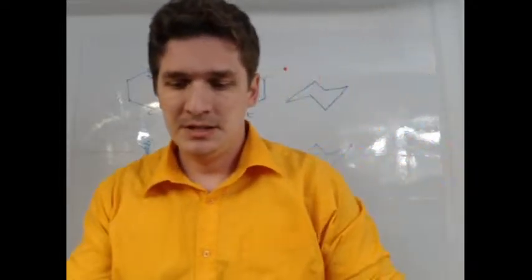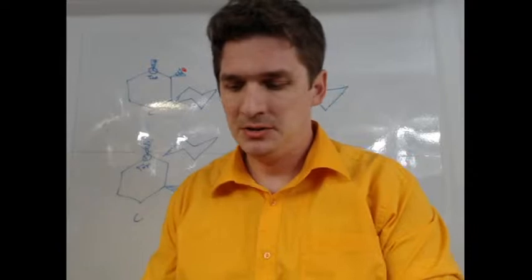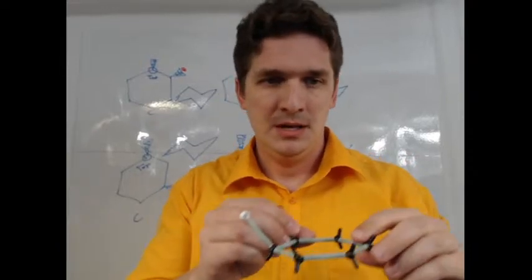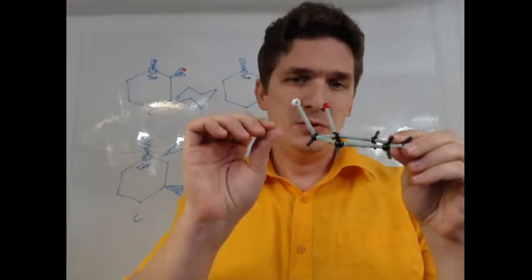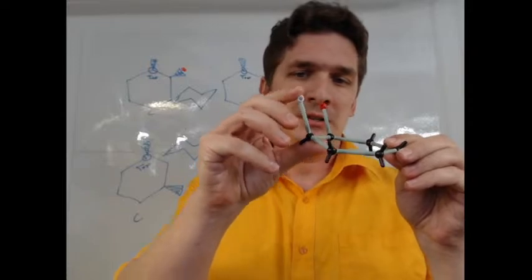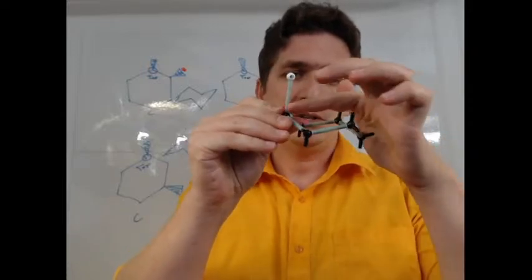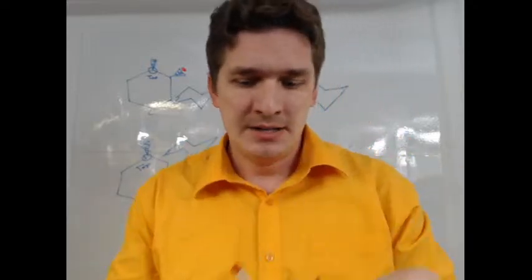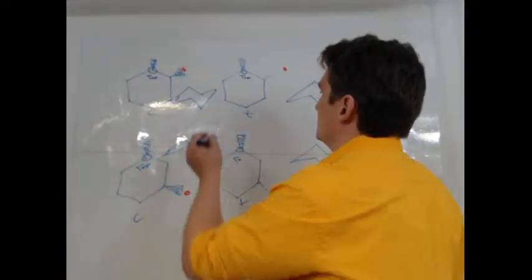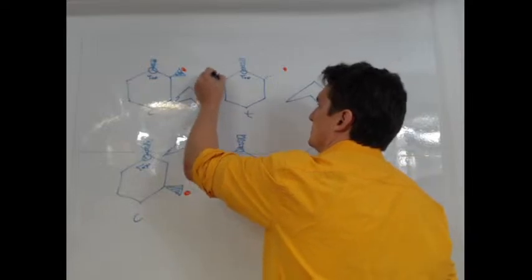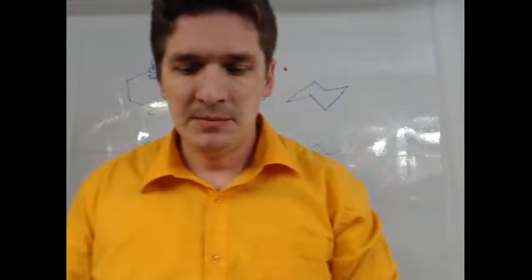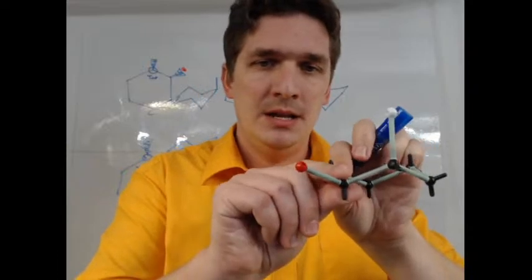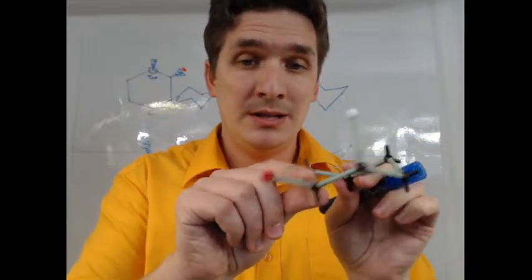So now let's take my planar molecule and do it with the chair conformation. I'm going to take the white atom and lift it up, and the atom that's directly across the ring, I'm going to put it down. And if I look at it, now my white atom is axial. And my red atom is now equatorial, so it's not sitting up and down.